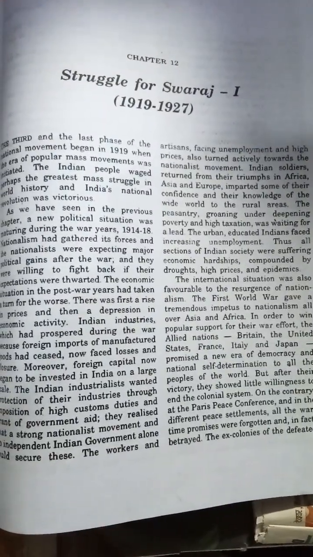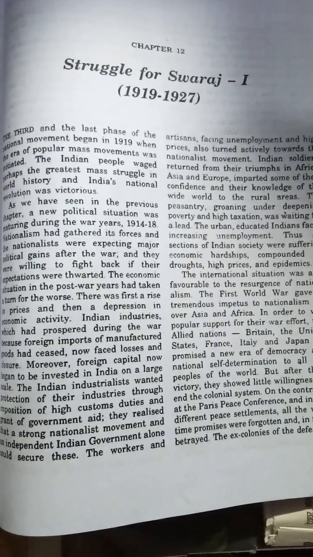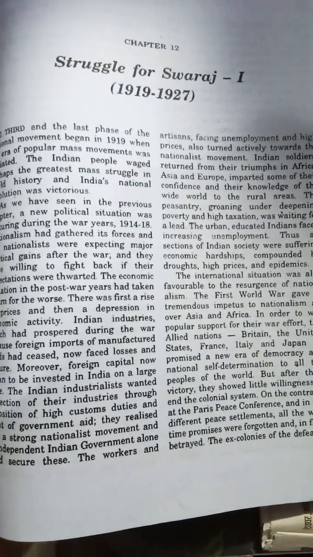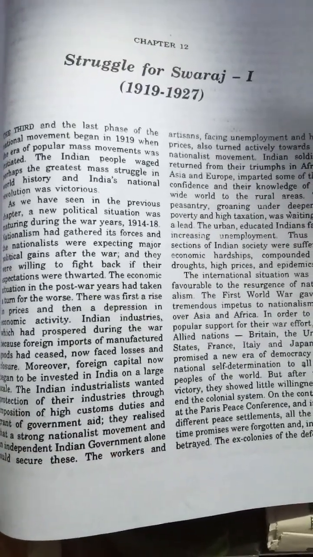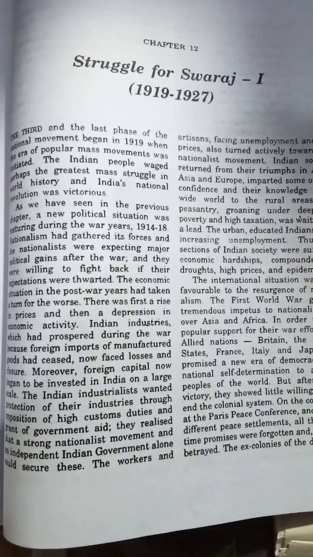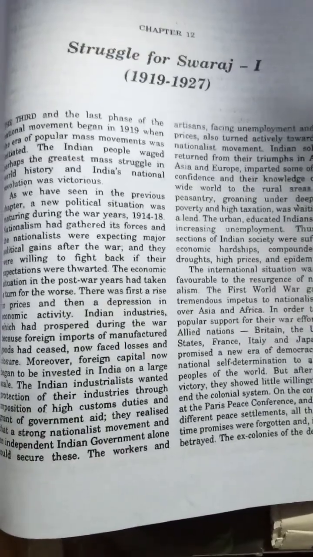Dear learners, I have the history book right now, and I would like to discuss chapter 12 of Modern India. When you study nationalism in India, you should study the struggle for Swaraj, first stage, from 1919 to 1927.